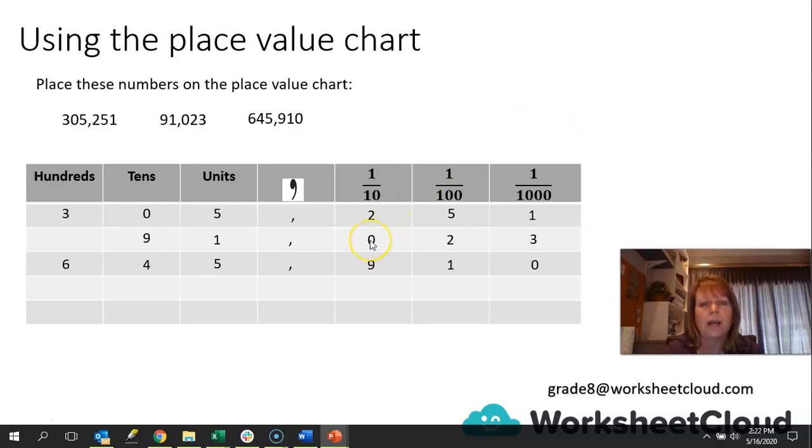It has no value, and it doesn't change the value of the whole number. Whereas here, this has no value, you're right, but it does change the value of the number if we leave it out there, and the same over here. If we leave that one out, it's going to change the value of the number. Right, let's have a look at the next one, 2,008. So we put the 2 under the units.